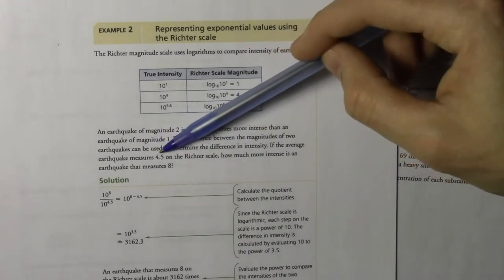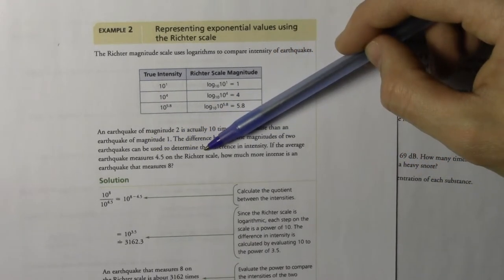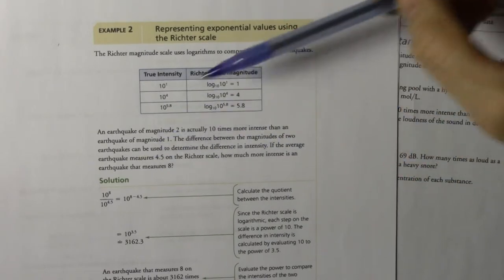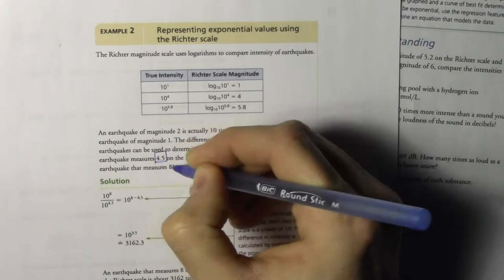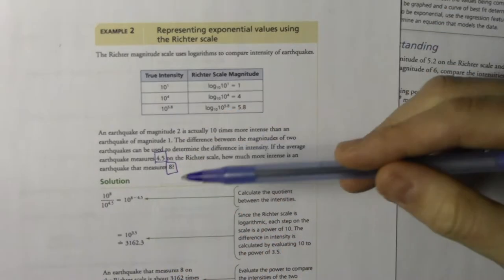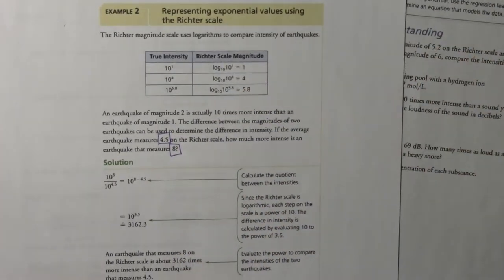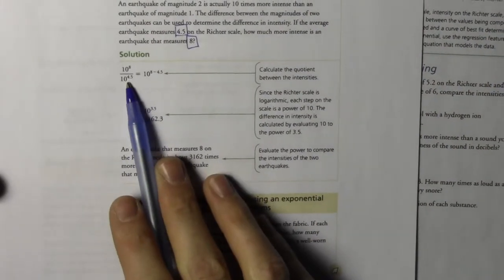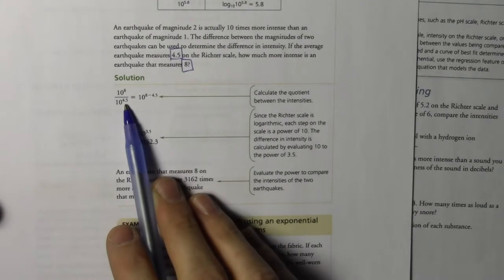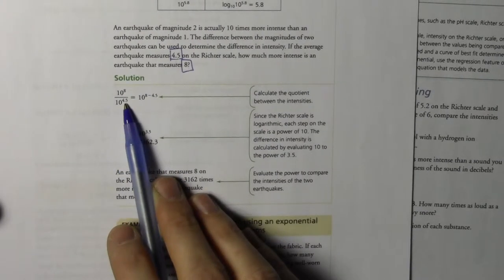If the average earthquake measures 4.5 on a Richter scale, how much more intense is an earthquake that measures 8? So the two values we're given are 4.5 and 8. We want to measure both of those intensities and then divide them to compare. If it's 4.5, the actual value would be 10 to the exponent of 4.5.